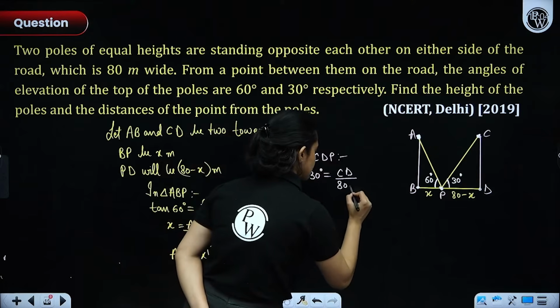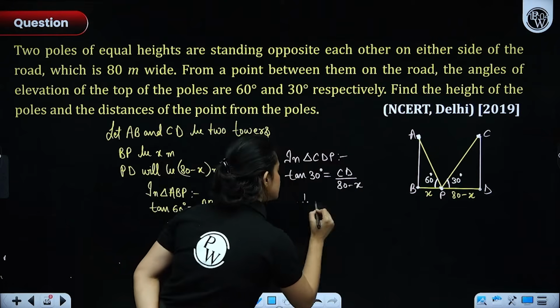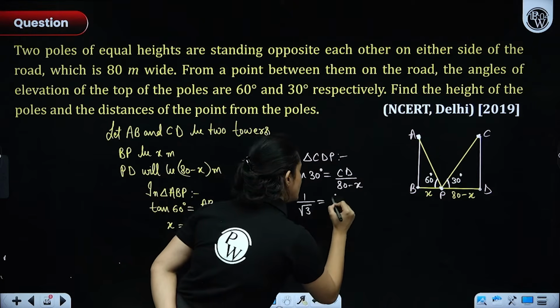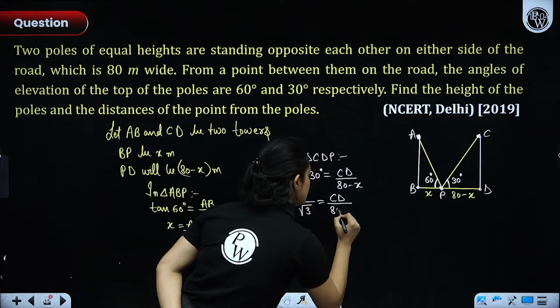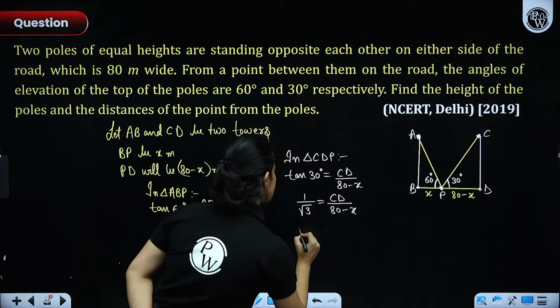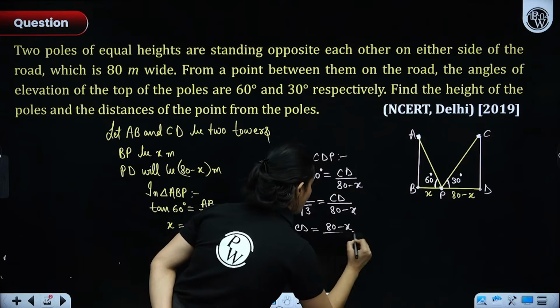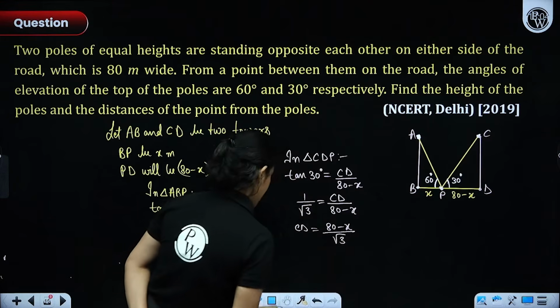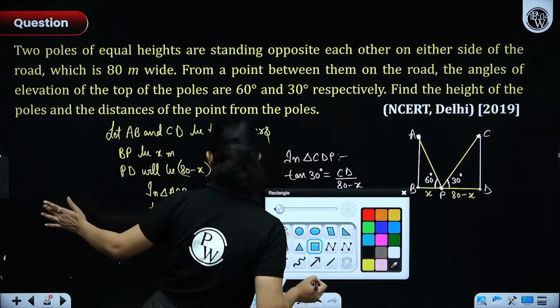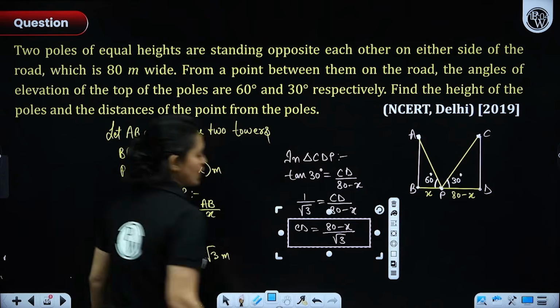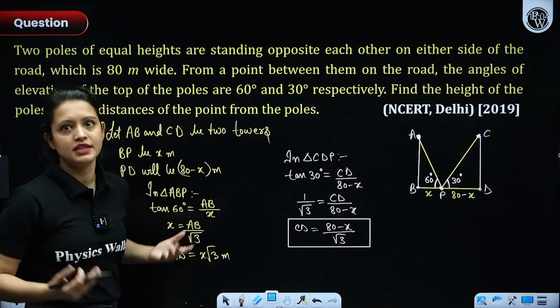Now tan 30 degrees is 1 over root 3, so 1 over root 3 is equal to CD over 80 minus X. From here you can say that CD is equal to (80 minus X) over root 3 meters. Simple, easy.